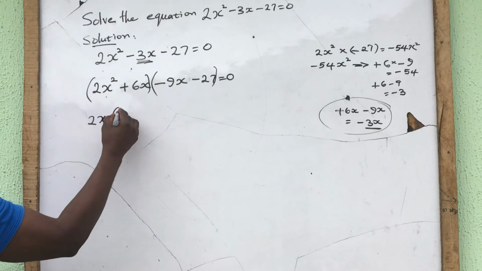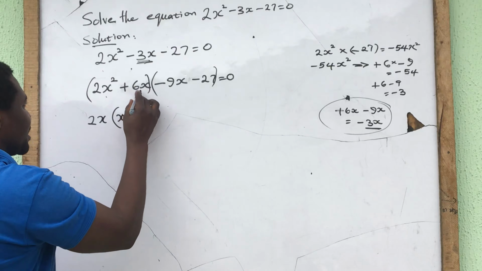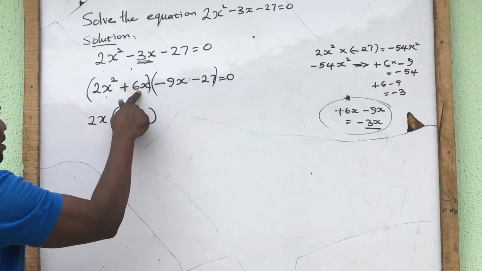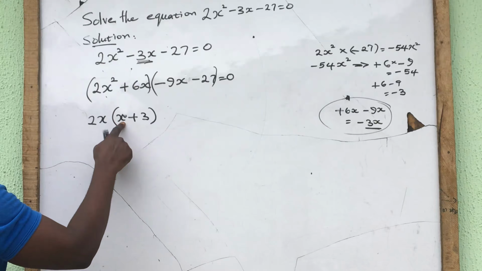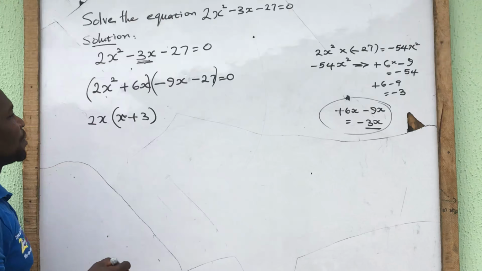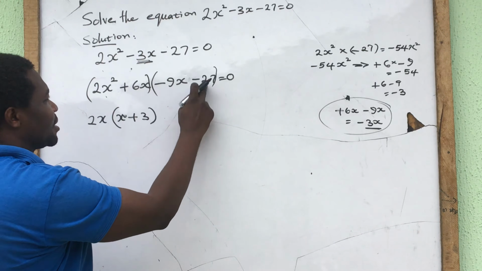Then that remains what? Only x here. Then this is 3. 2 times 3, 6. x times 3, I'm going to have this. 2 times 2 times 1 here, 2. x times x squared. So let me look at what's common here. This is 9. This is 27.